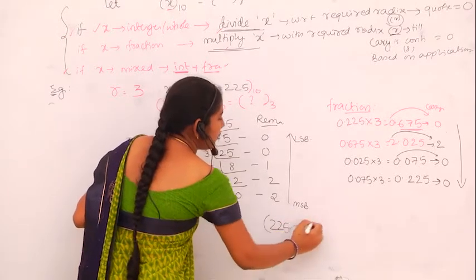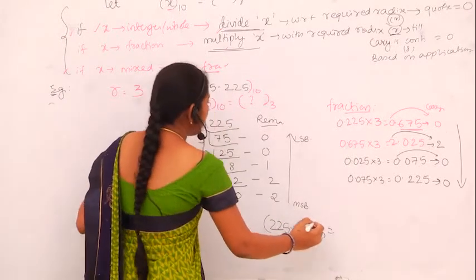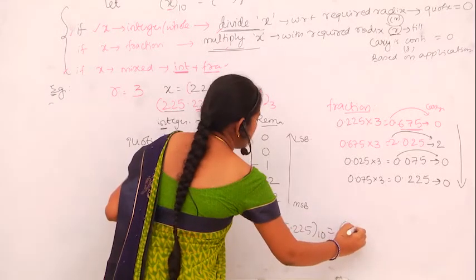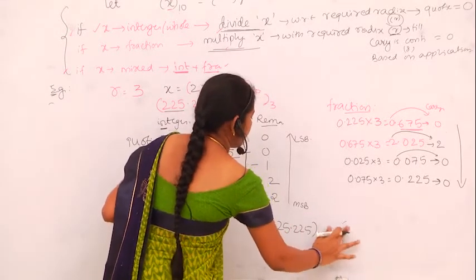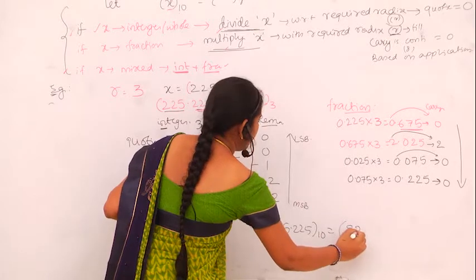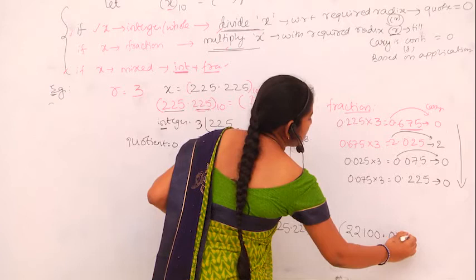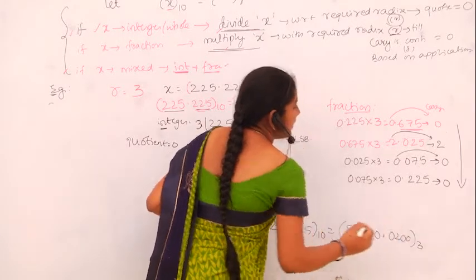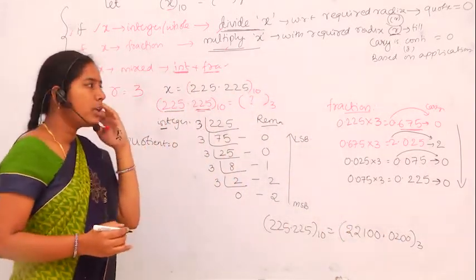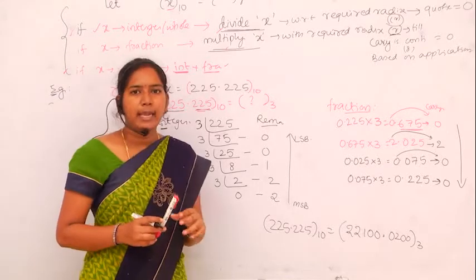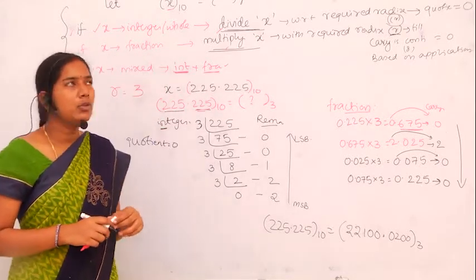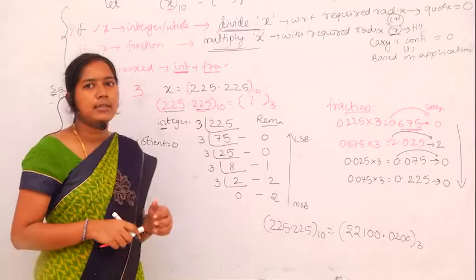Now the resultant becomes 225.225 of decimal is equivalent to 22100.0200 of radix 3. So in this way we can convert decimal to any other radix values.